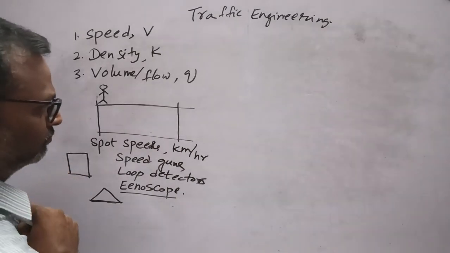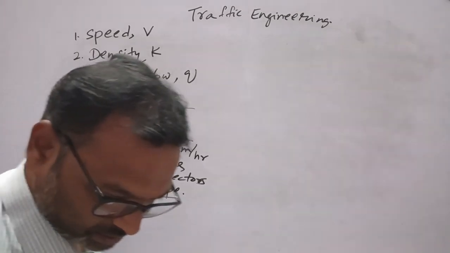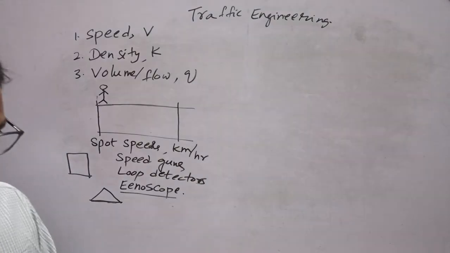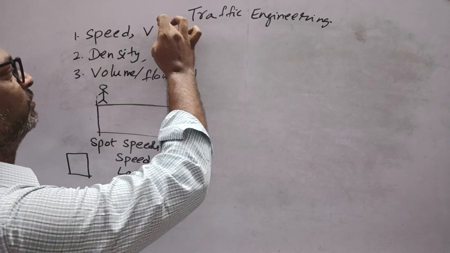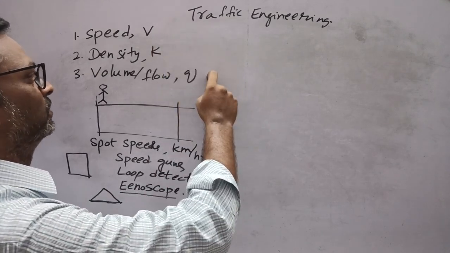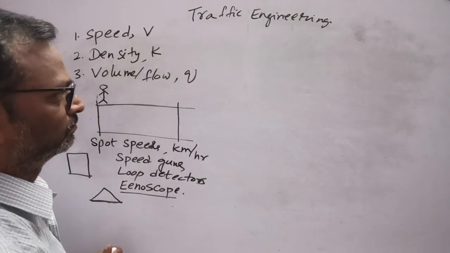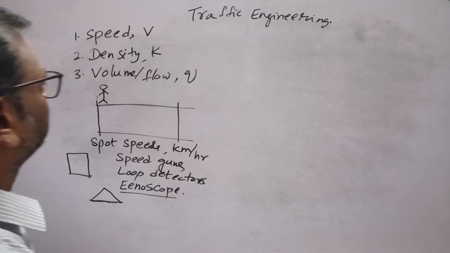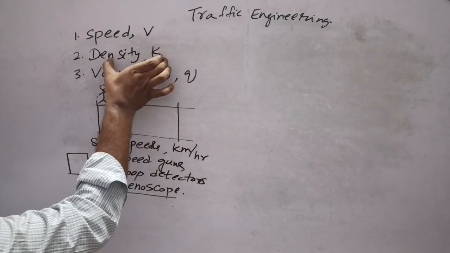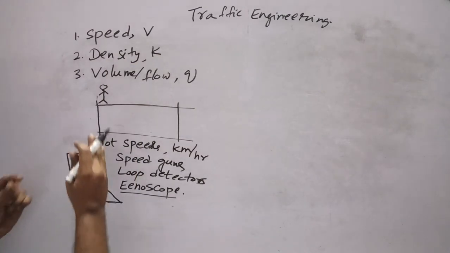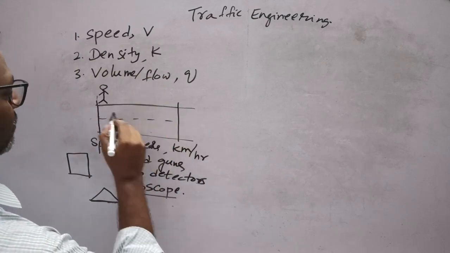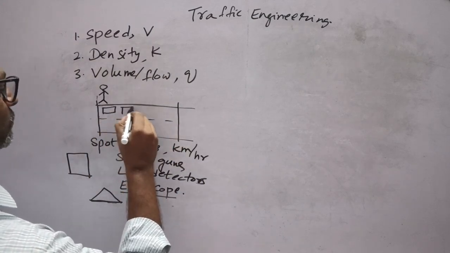Now generally we need the relationship between speed, density and volume. We will see that. Before that, density. How to determine density? Suppose there is a stretch of road and there is traffic, a lot of vehicles.